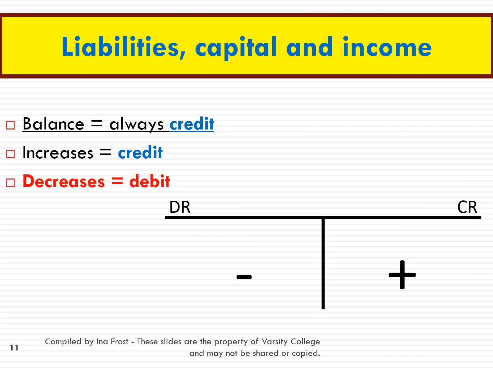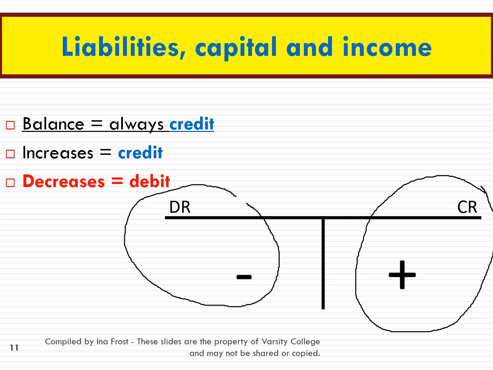For liabilities, capital and income, in this instance, the increases and opening balances sit on the credit side and any decreases will be on the opposite side, so on the debit side.